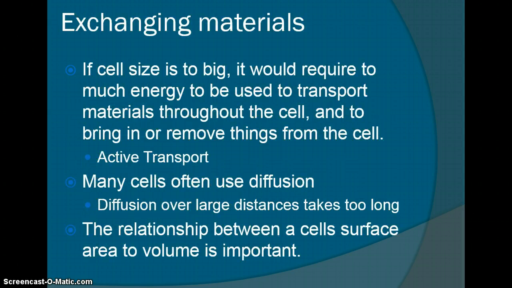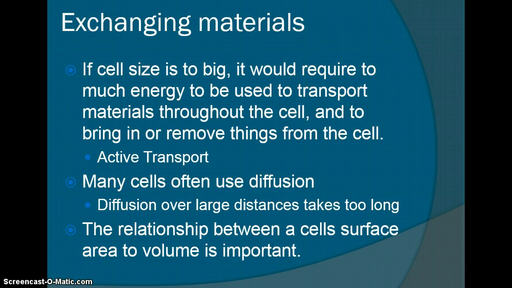The second one is the exchanging of materials. If a cell size is too big, it requires too much energy to transport materials throughout the cell and to bring in or remove things from the cell. Now we're starting to talk about active transport and the cell having to use energy to get things in and out of the cell. The cell wants to be as efficient as possible, so at a larger size, this is going to be a lot harder to do.